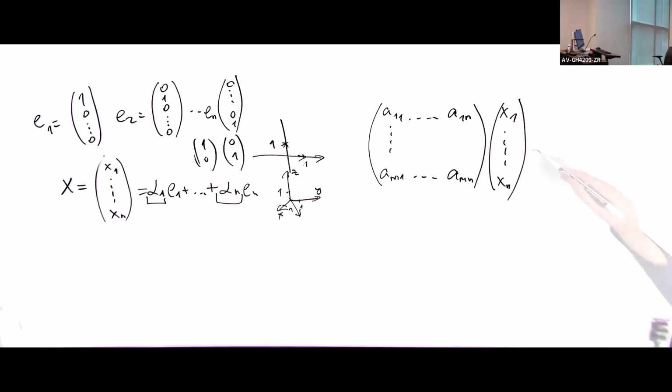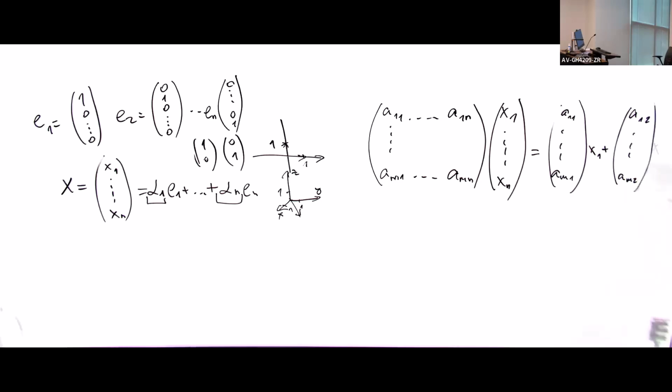So you can write that as A11, ..., Am1 times x1, plus A12, ..., Am2 times x2, plus, and so on. This is how you multiply a matrix by a vector.